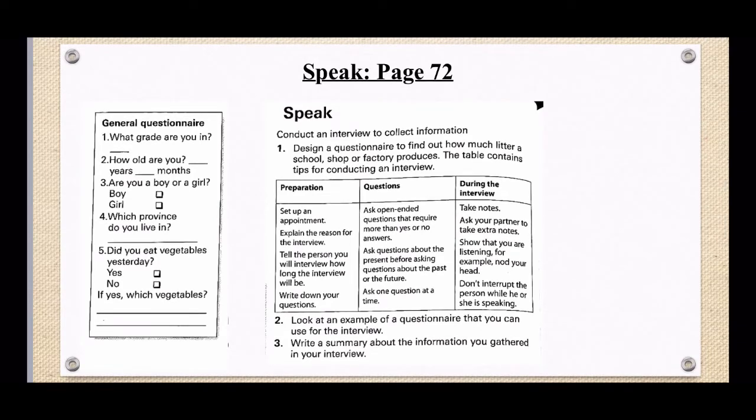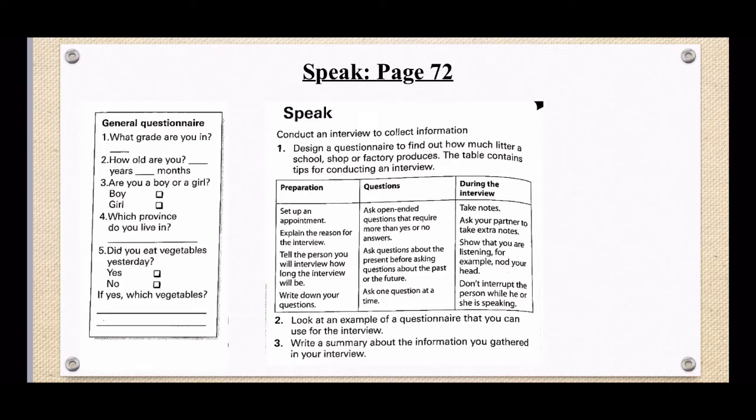Can everybody please open up the English textbooks on page 72? Today we'll be doing speaking. Like I showed you in the previous slides, I showed you two questionnaires. So today we're going to discuss how to do a questionnaire, and then how to use this questionnaire in interviews and how to interview people using it, right?